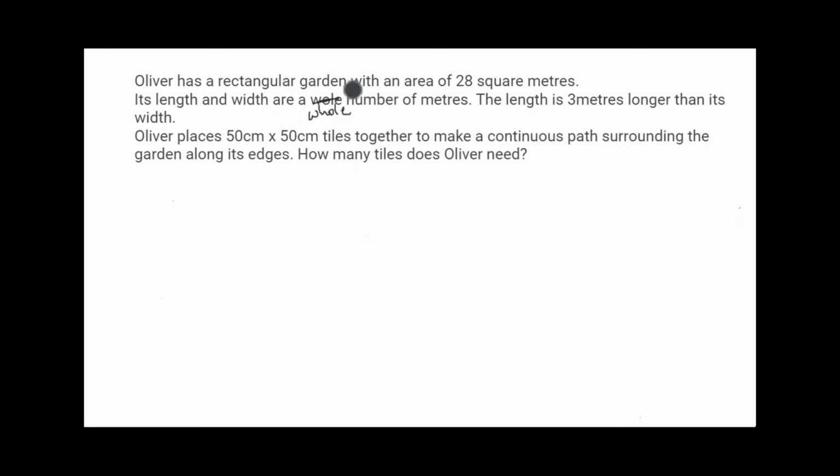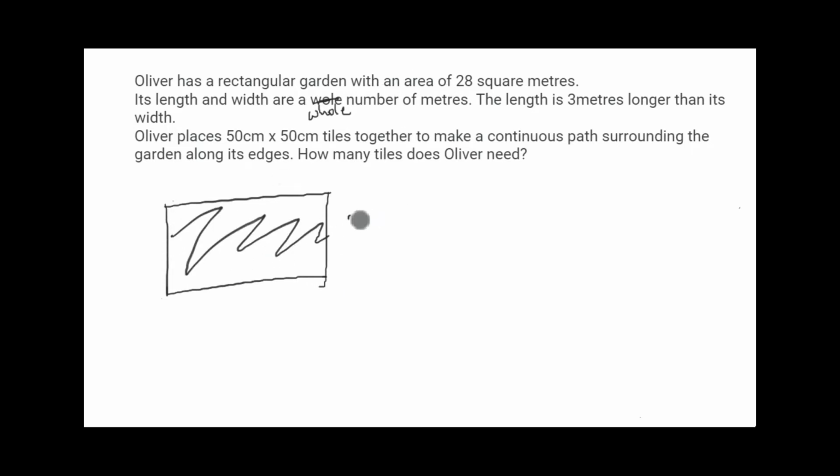First of all, let's understand the figure. So it's a rectangular garden with an area of 28 square meters. Now the formula to find the area of a rectangle is length times width, or we can also say length times breadth, right?